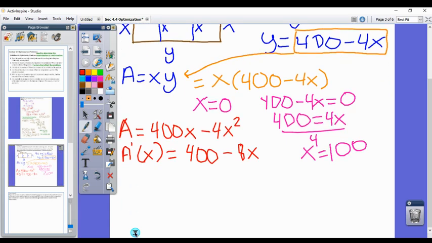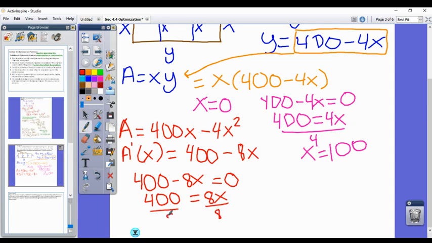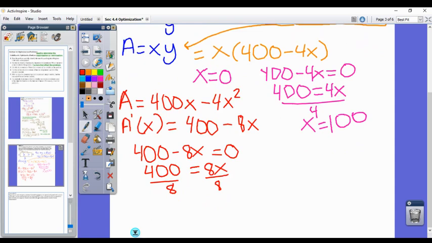And to do your critical points, remember, you're going to set your derivative equal to 0. So we're going to do 400 minus 8x equal to 0. So 400 is equal to 8x, divide by 8. And we're going to get x equals 50.